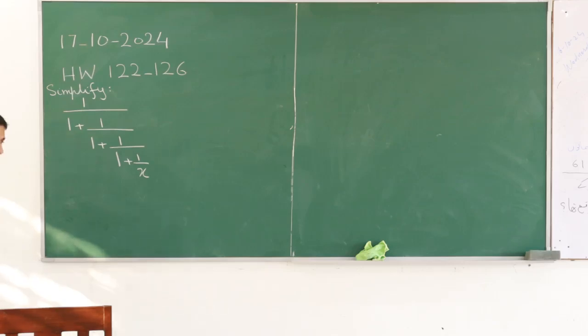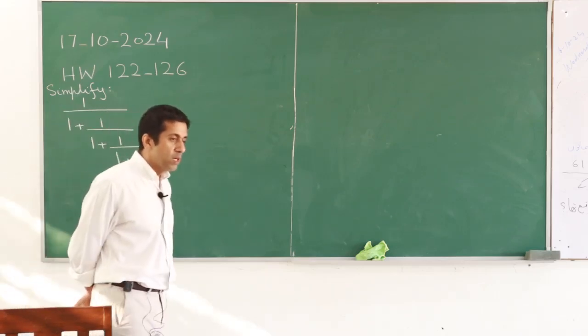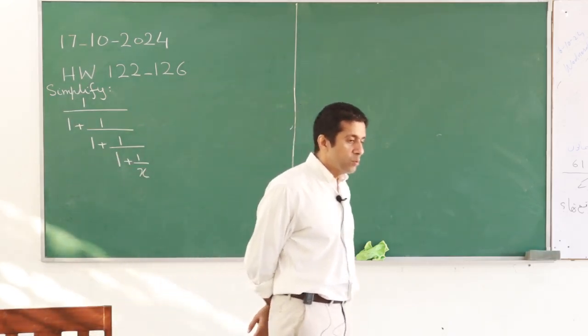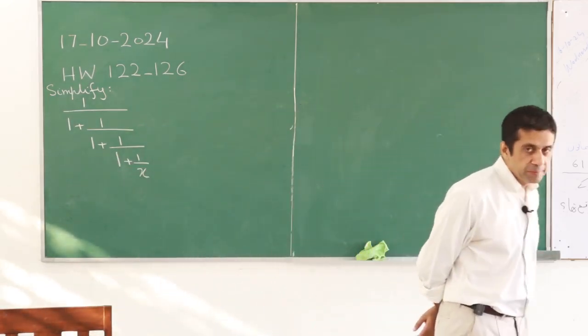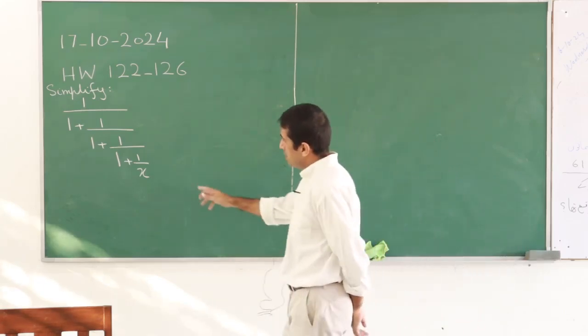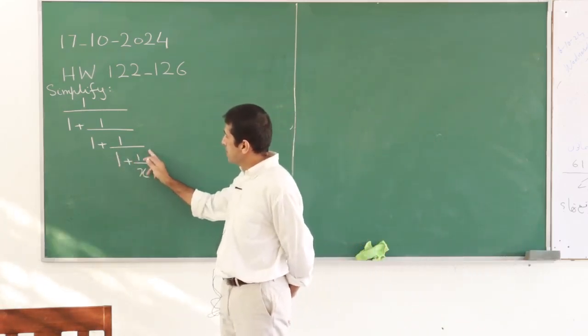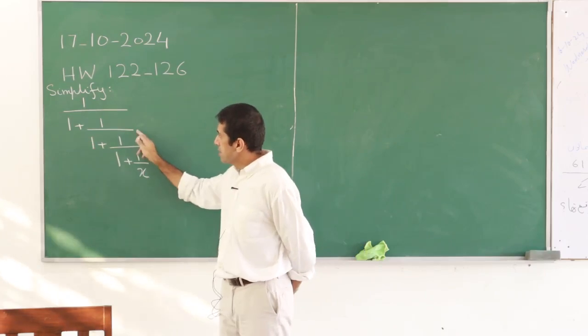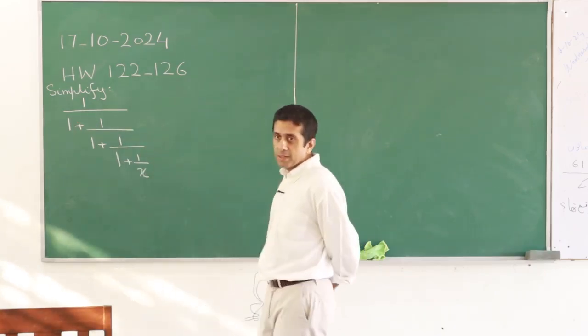When you simplify this, you'll end up with one polynomial in the numerator and one polynomial in the denominator. So you should start from here, simplify this, then simplify this, then simplify this, and you'll get the answer.